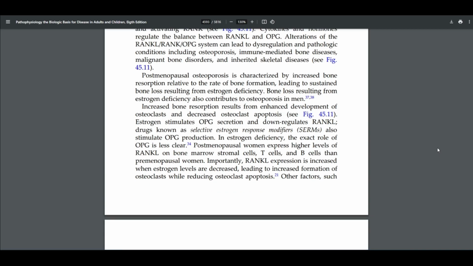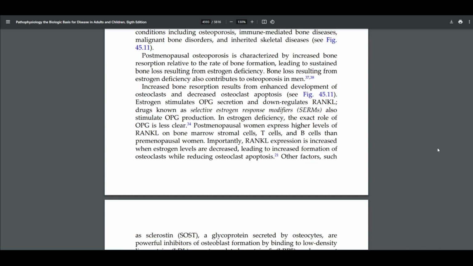Postmenopausal osteoporosis is characterized by increased bone resorption relative to the rate of bone formation, leading to sustained bone loss resulting from estrogen deficiency. Bone loss resulting from estrogen deficiency also contributes to osteoporosis in men.